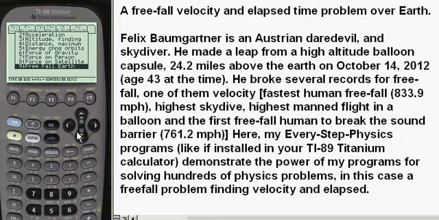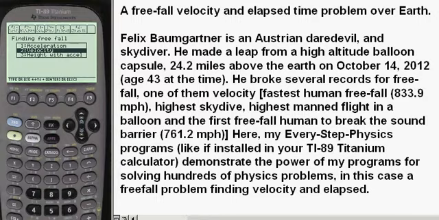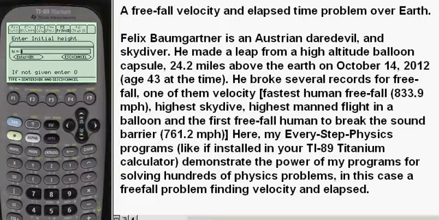So you go down and here's free fall for Earth, because it's a free fall problem. And we're finding velocity. We could find acceleration or the height with acceleration, but we're going to find velocity here. We're going to enter the initial height now.